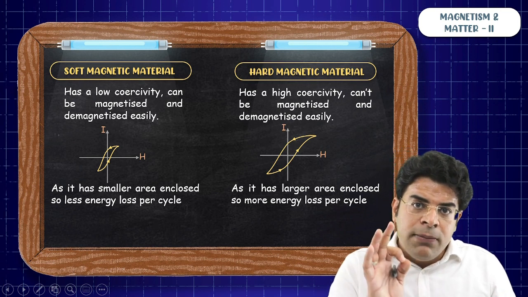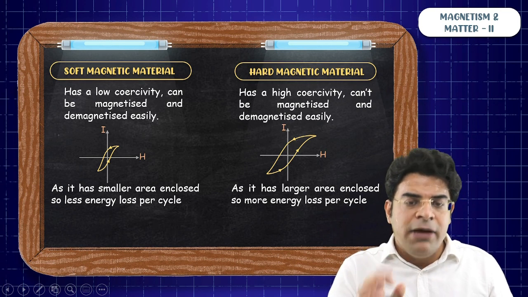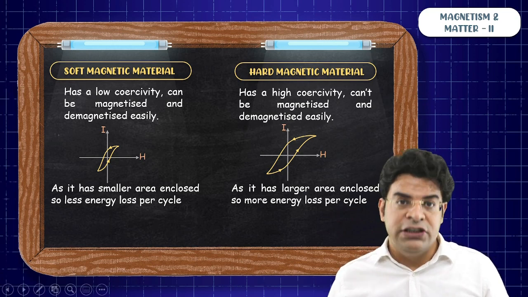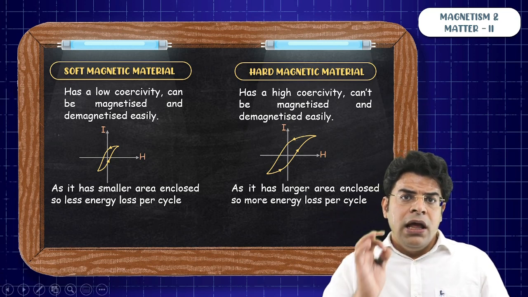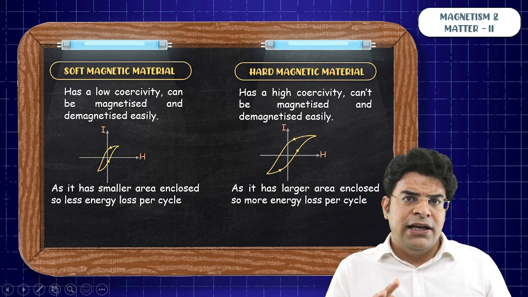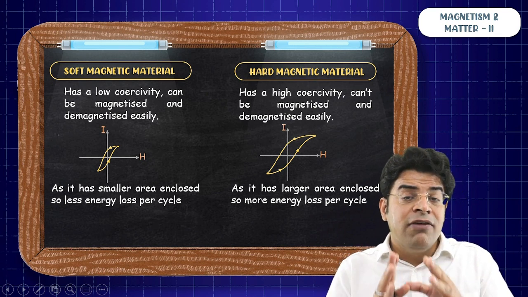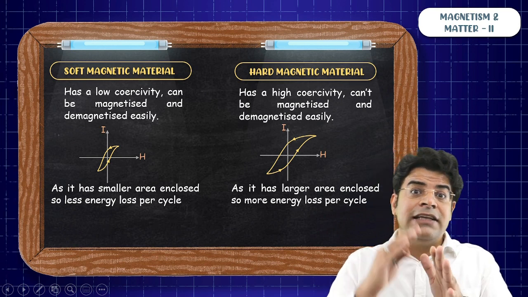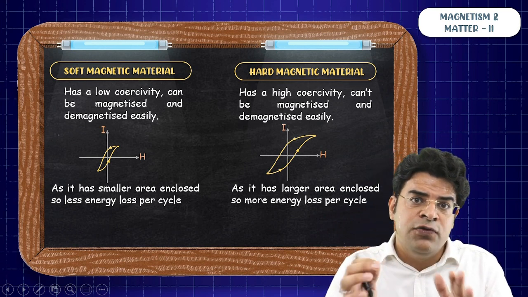Now comes the most important part from where the question will be asked on soft magnetic material and hard magnetic material, their usages. You need to understand that the type of supply in our household is AC, and ACs are stepped up or stepped down using transformers.